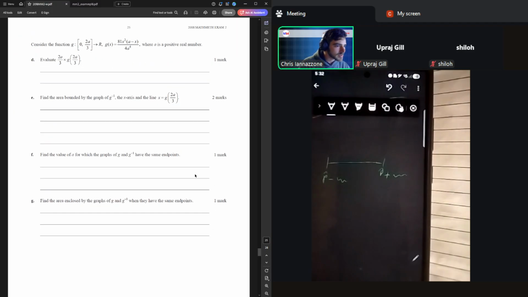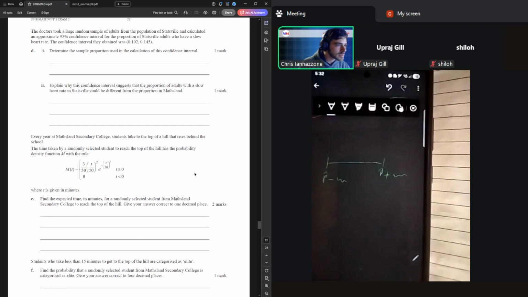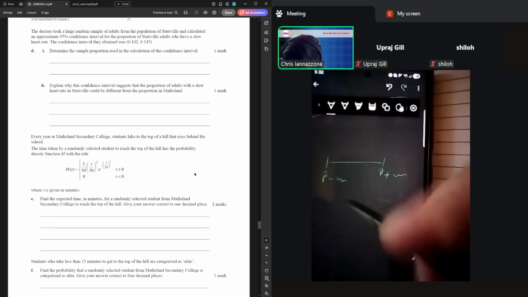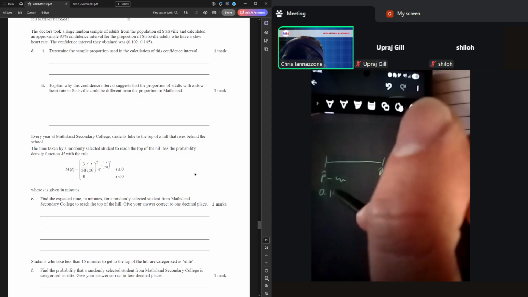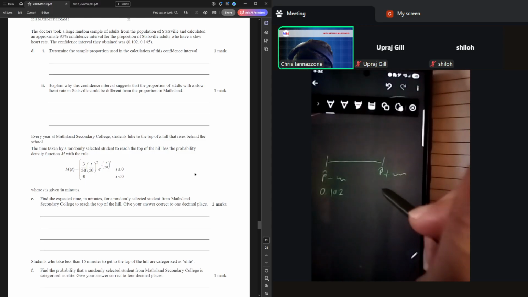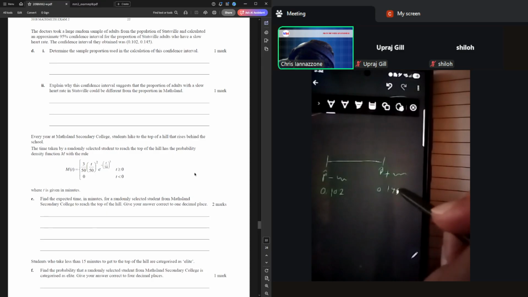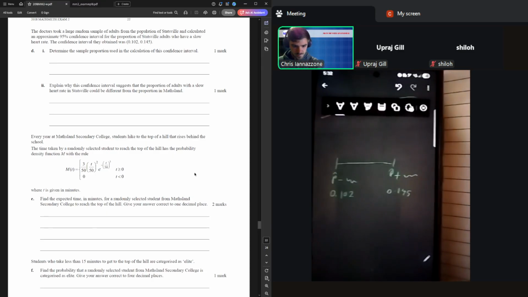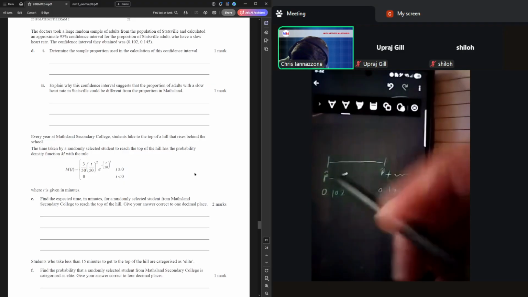Fill in the actual values from the question. 0.102, 0.145. And we want this p hat.